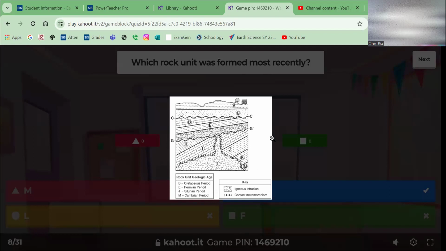L has whiskers on M, K, J, and I. If it has whiskers on it, then it's younger than those rocks that have the whiskers. But notice there's no whiskers here at the top. So that means it's older than F. So if it's older than F, it's also older than E, D, C, B, and A.